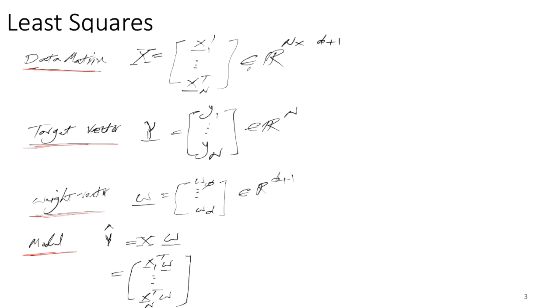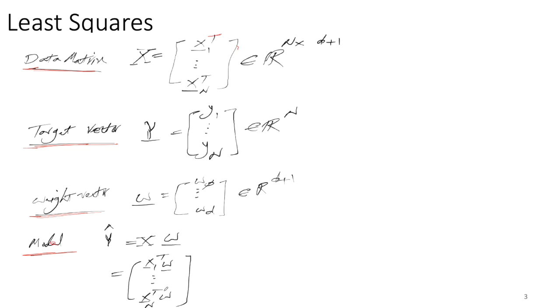And the model for linear regression would be y hat equal to X multiplied by w. If you expand this in a vector format, you're going to have x1 transpose w up to xn transpose w.